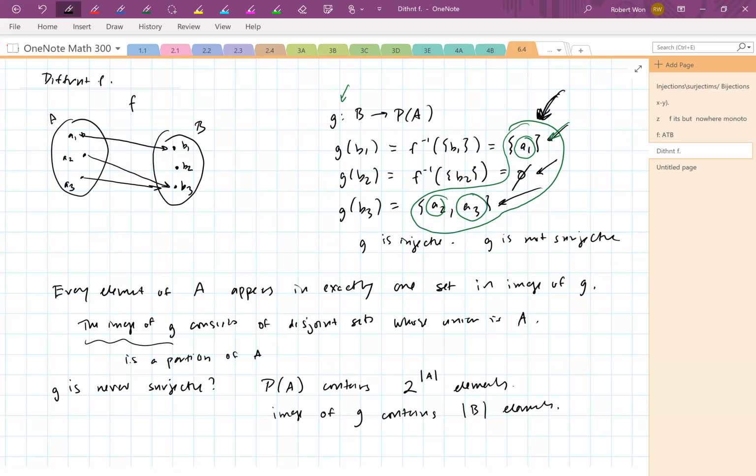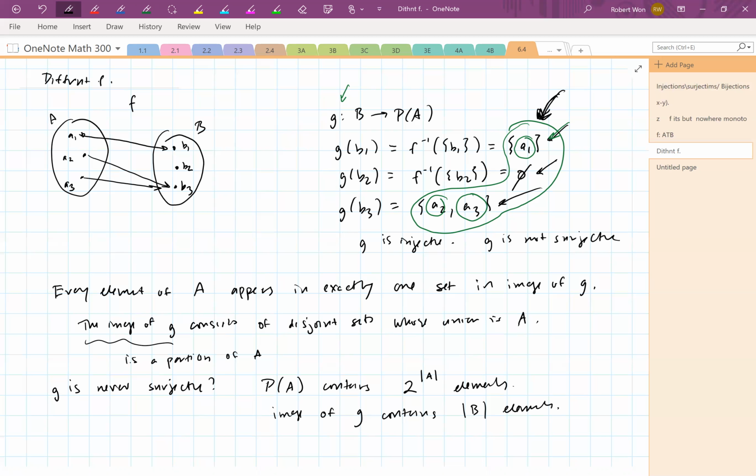But it is possible for these two things to match up. If A is small and B is pretty big, I guess we could hope for something to happen where G is surjective.